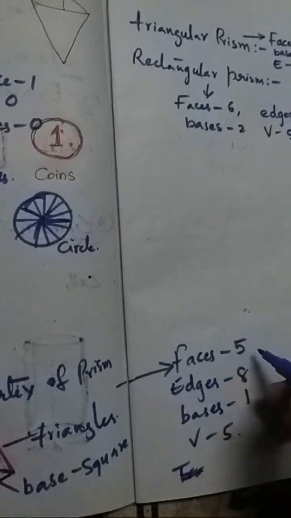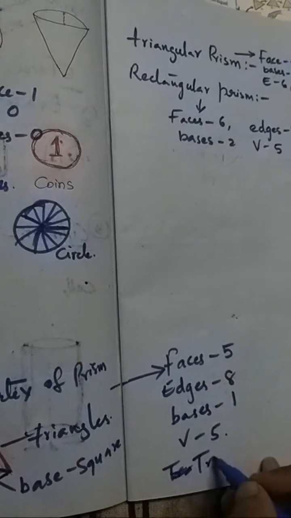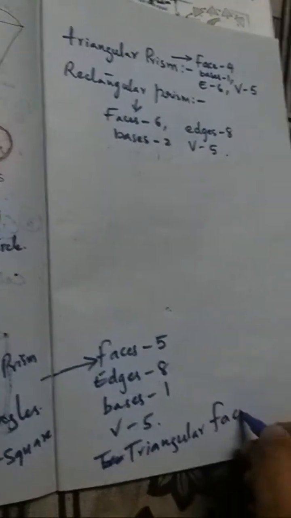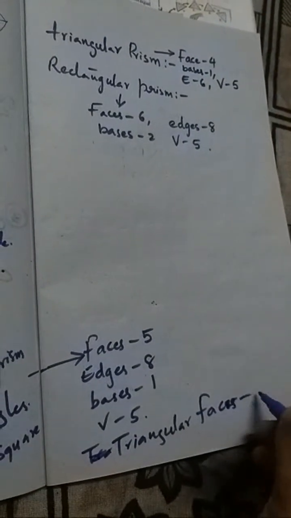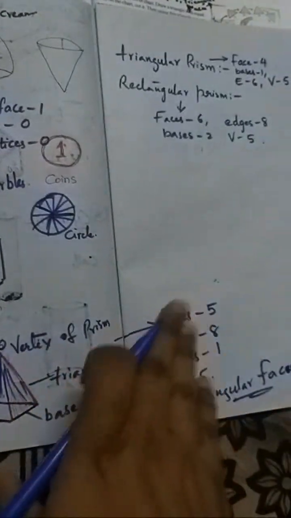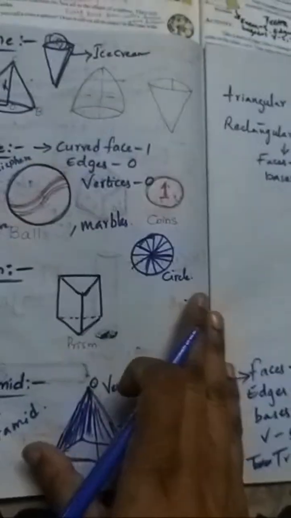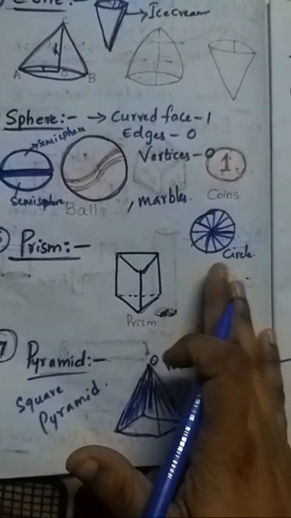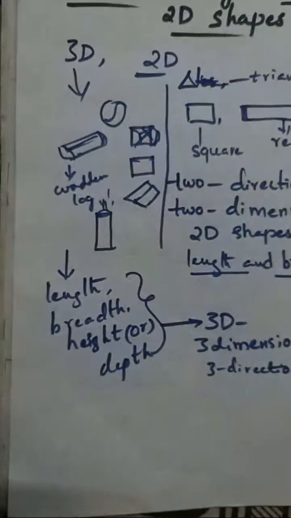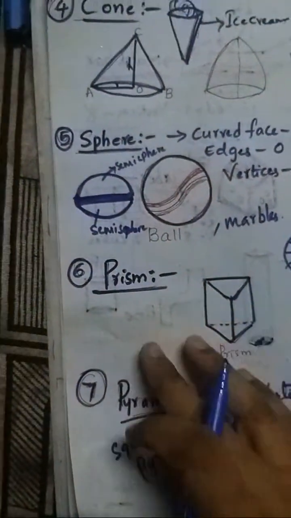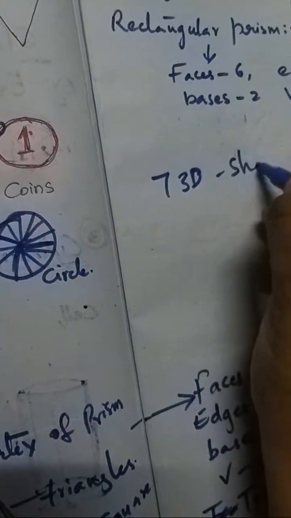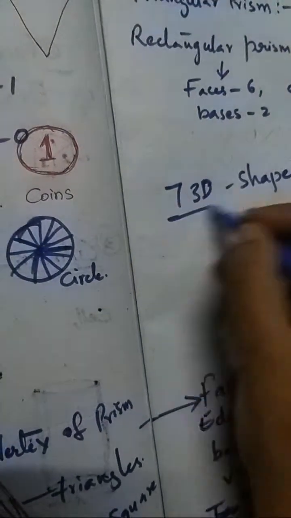How many triangular faces? 4 triangular faces. Okay, these are the edges, vertices, bases, and faces of every 3D shape. Okay, how many 3D shapes do we have? We have 7 3D shapes. 7 3D shapes I have shown you in this video.